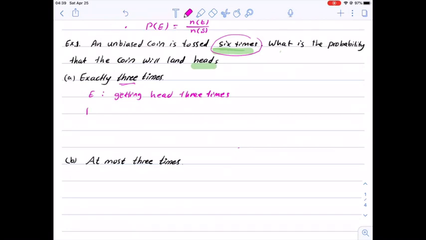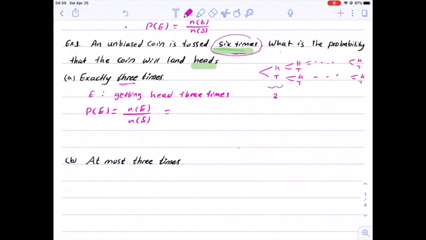Now applying the probability rule, the probability of an event is the number of outcomes of the event over the number of outcomes of the sample space. When we toss a coin 6 times, we get 2 outcomes in each stage of this experiment, only 2 outcomes, head or tail.